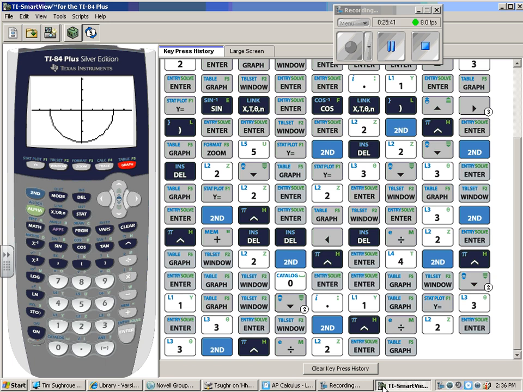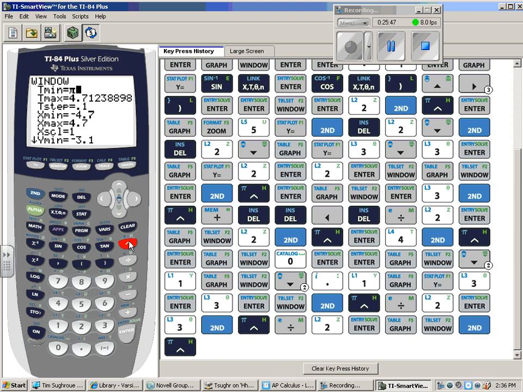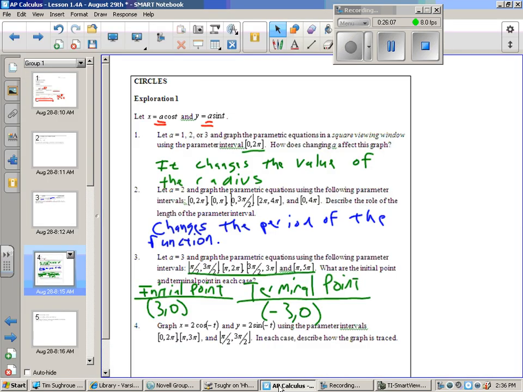Now they want to change our window to pi and 2 pi. So here it is, second, pi and 2 pi. Let's graph this. Let's see where it starts. Now it starts at (0, -3) and ends at (0, 3). So the second one here, I'll circle it in red.